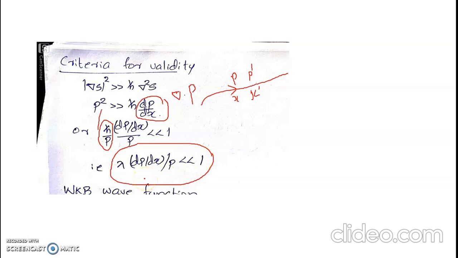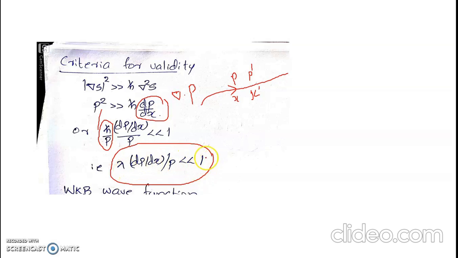Now, what does this condition verbally tell you? Lambda is the de Broglie wavelength of the particle. P is the instantaneous momentum of the particle, and dP by dx is the rate of change of momentum with respect to position, or the rate of change of momentum as the object moves.